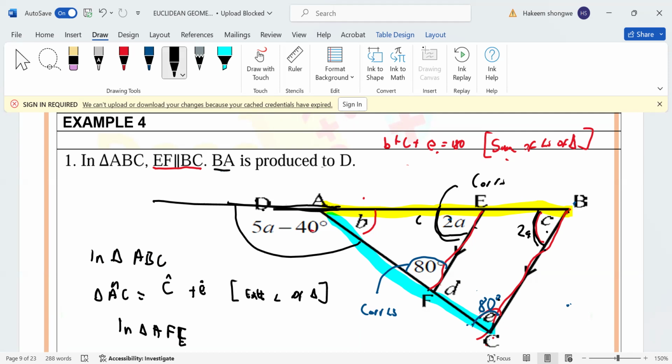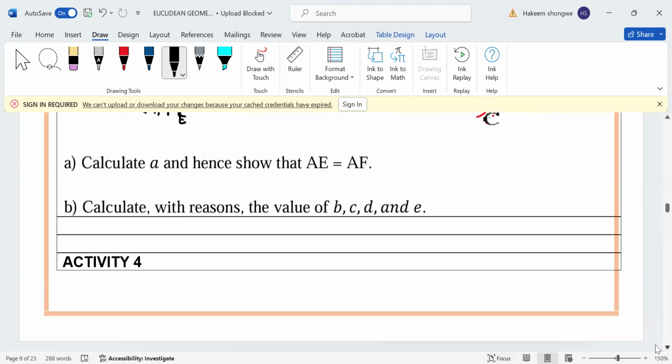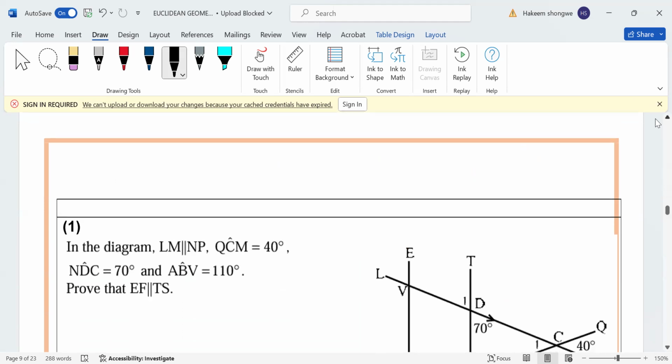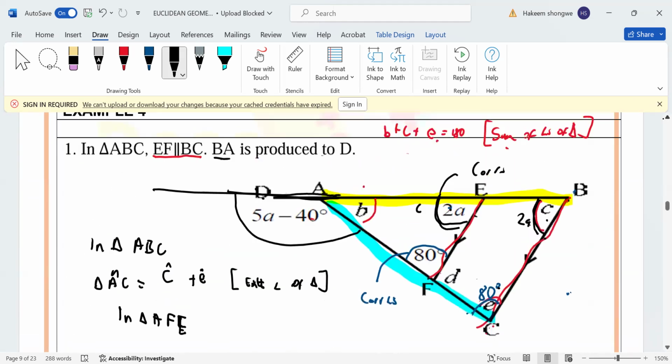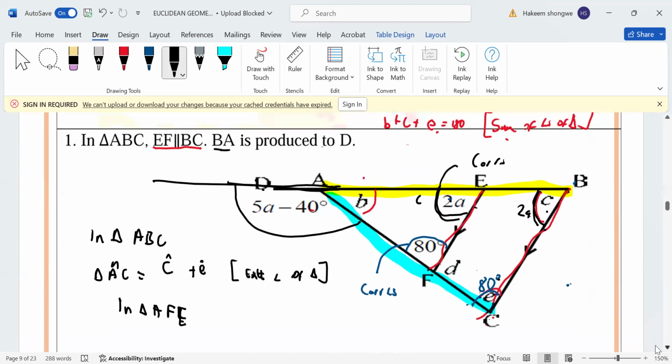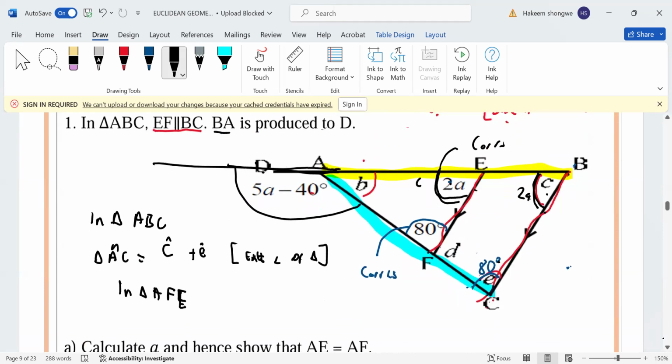So I'm going to tell them, yes, we still have an exterior angle, but this exterior angle here is going to be slightly different. So I'm going to tell them which is angle DAF. So this one is going to be DAF because I'm talking about this triangle here.